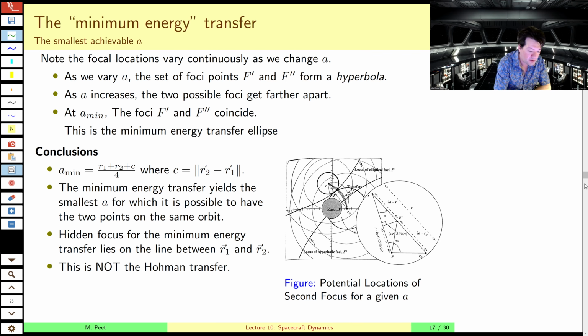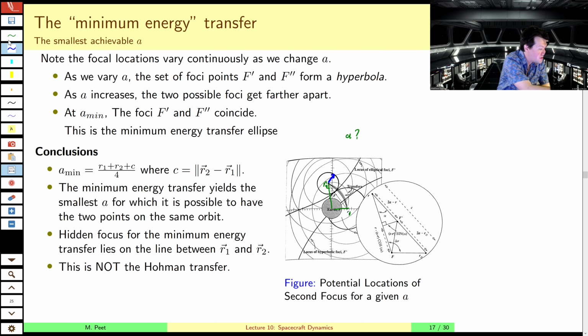So remember what our geometry is. Here we've got R1, R2, and we have a. As we vary a, say we increase a, remember the distance of the focal circles from the points R1 and R2 are going to decrease.